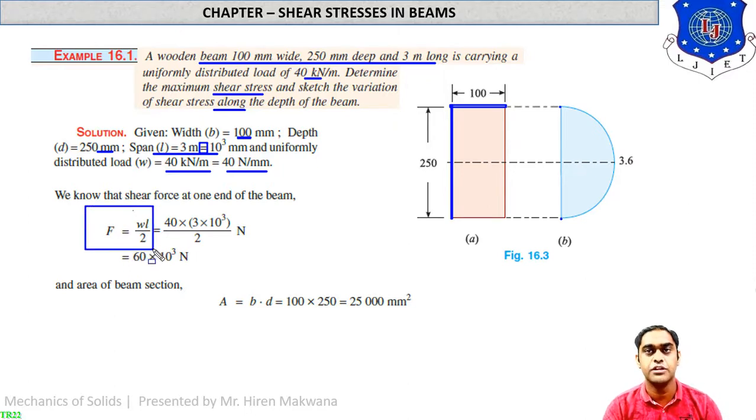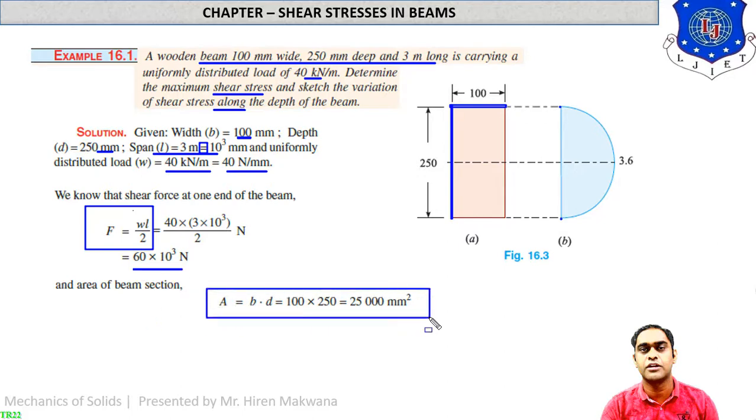So whenever the UDL is given on the span of the beam and no other load is acting, then the shear force is given by wL by 2. You can find this by the method of support reaction also. So it is 40 into 3 into 10 raised to 3 by 2 Newton. So the answer will be 60 into 10 raised to 3 Newton, and the area of the beam is A equal to b into d, means 100 into 250, 25,000 mm².